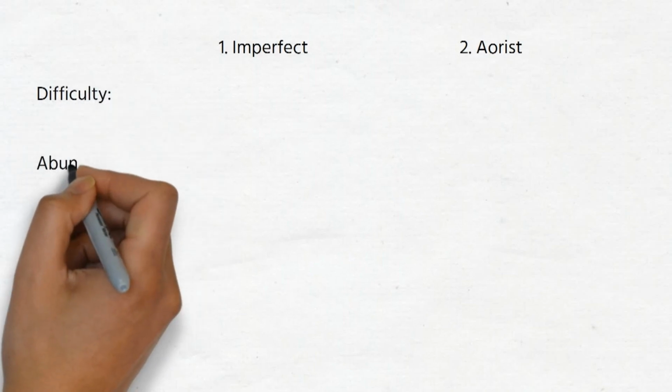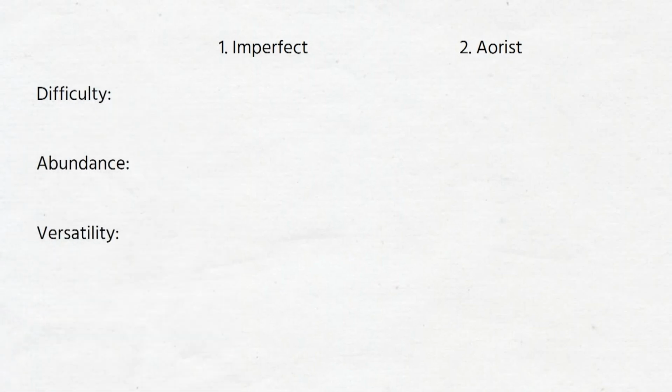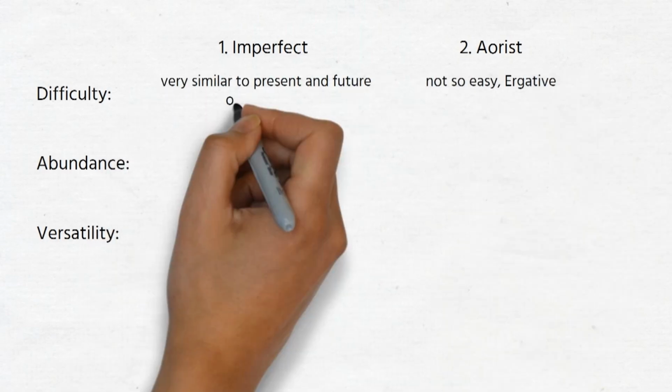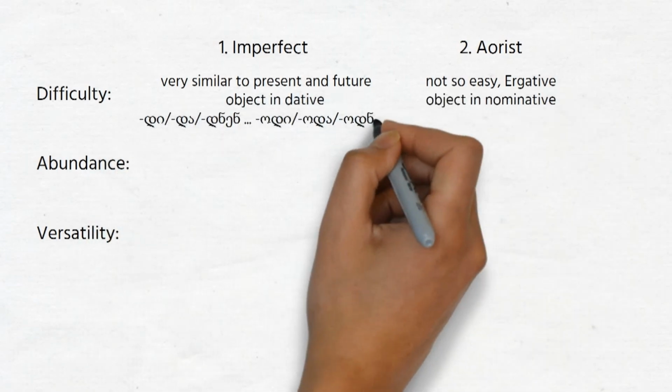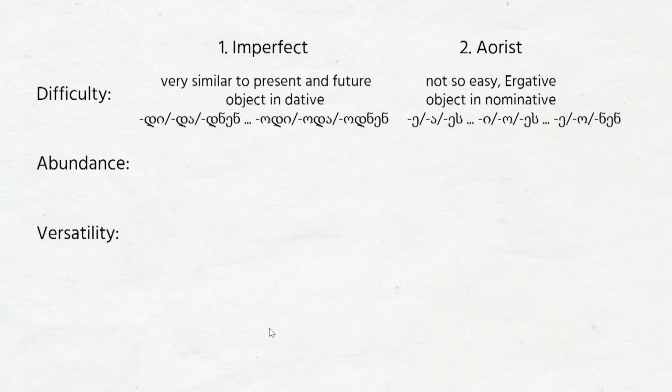So which one to learn? Of course you have to answer this question for yourself. We can compare both of them by difficulty, abundance, and versatility. And the difficulty of the imperfect is, it's not very difficult.